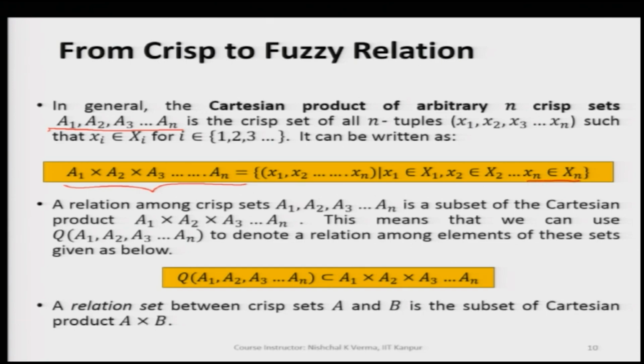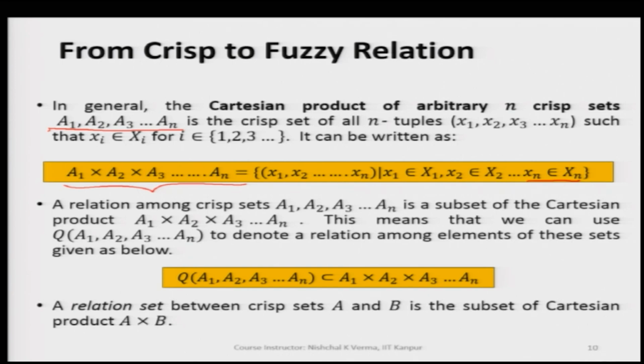So, in other words, the cross product of n crisp sets A1, A2, A3 up to An is nothing but the collection of n tuples x1, x2, x3 and so on up to xn.